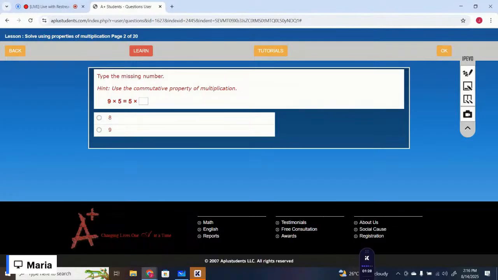Again, type the missing number: 9 times 5 equals 5 times 9. Option number 2 is the correct option.